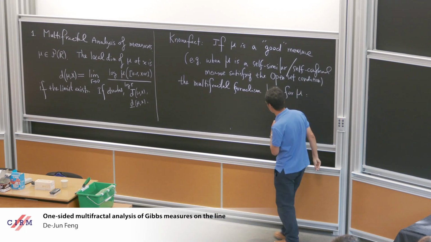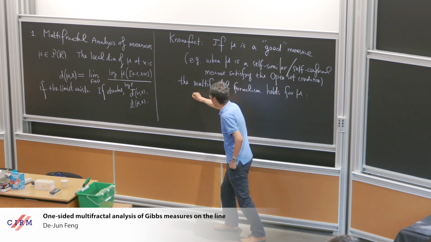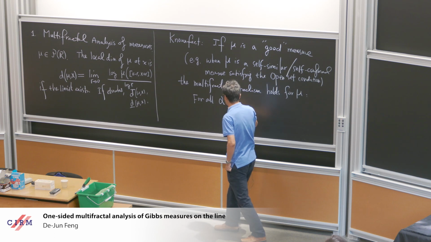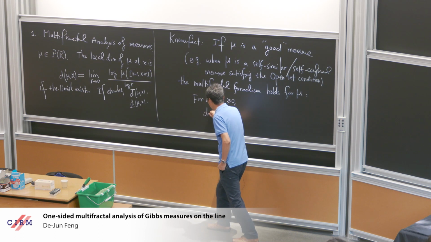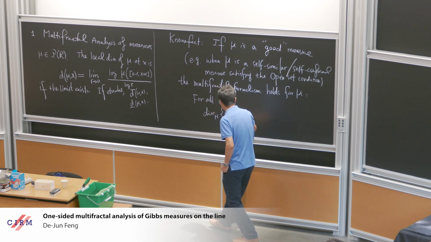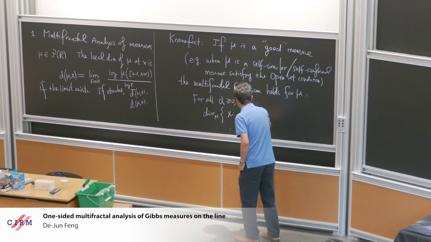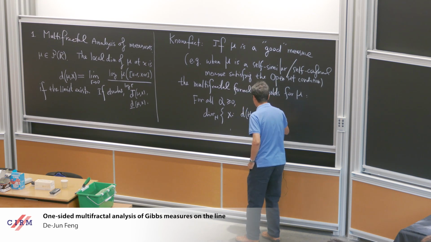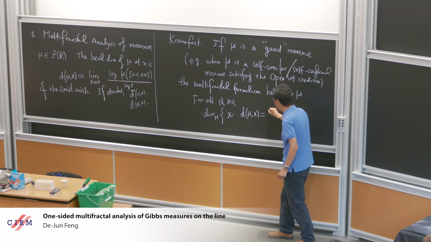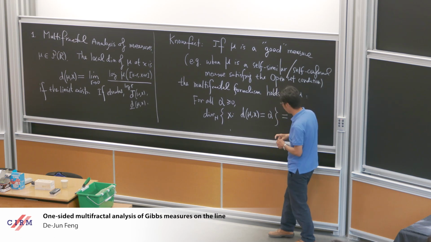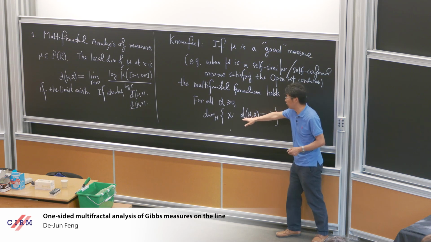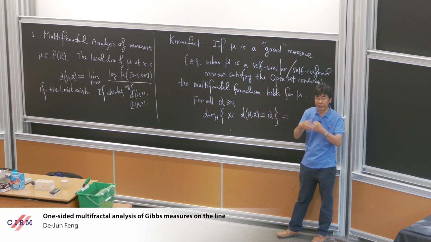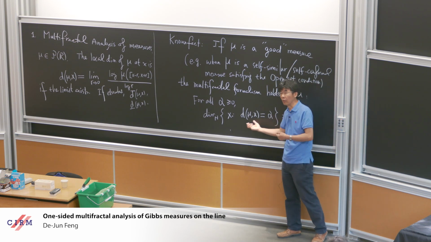In the sense that for all alpha greater or equal to 0, the Hausdorff dimension of the level set of the local dimension of mu, that is, the points such that the local dimension of mu at that point is equal to a given value, that's called the level set.